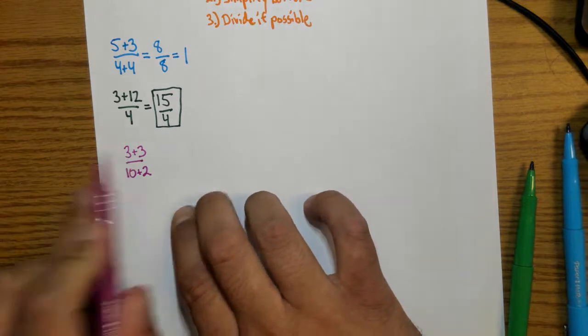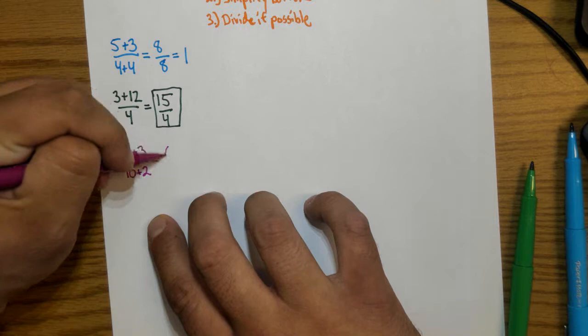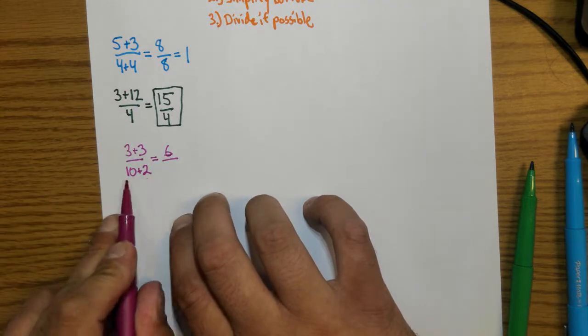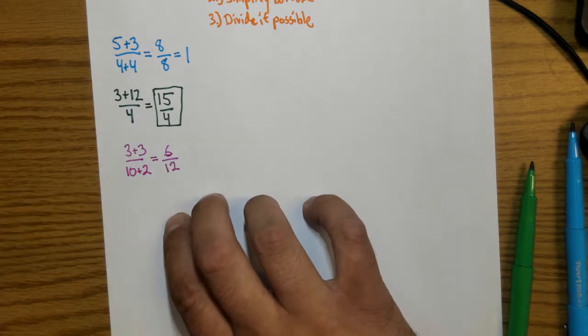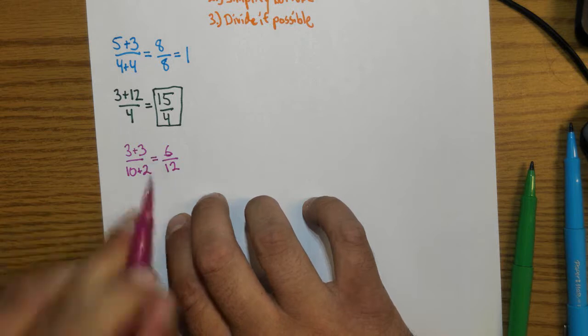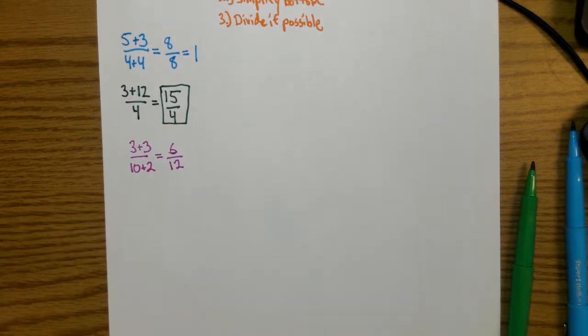We do the top, 3 plus 3 is 6. We do the bottom, 10 plus 2 is 12. Well, 12 doesn't go into 6 evenly, but we can reduce this fraction. We want to get it as simple as possible.